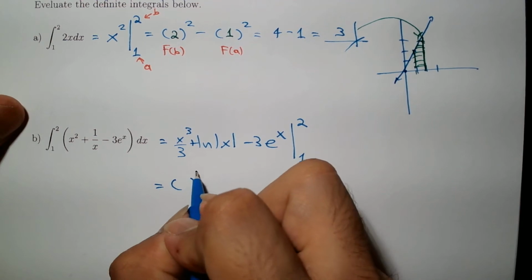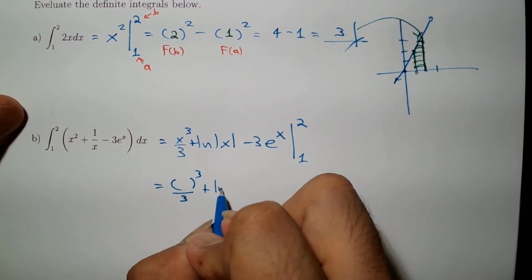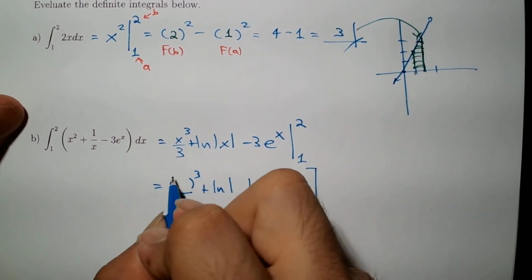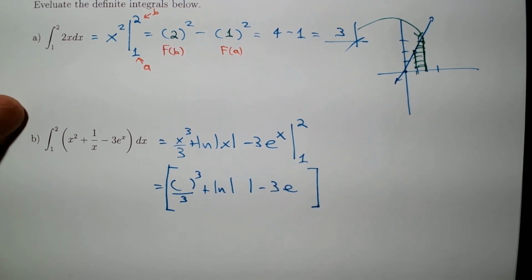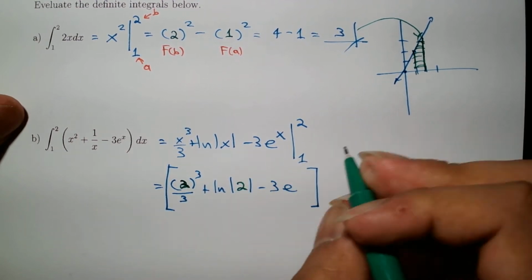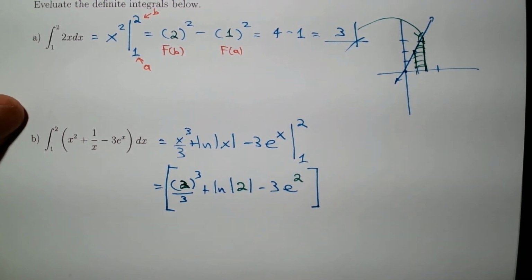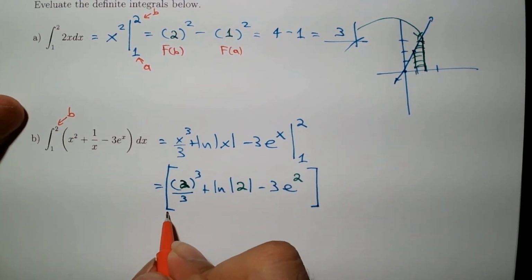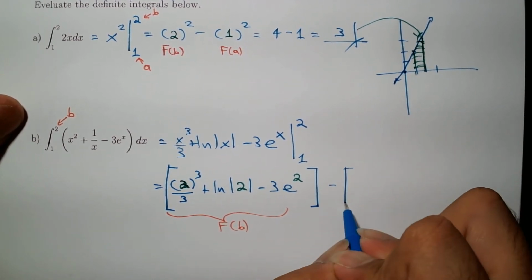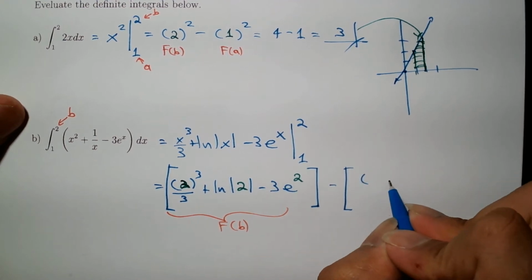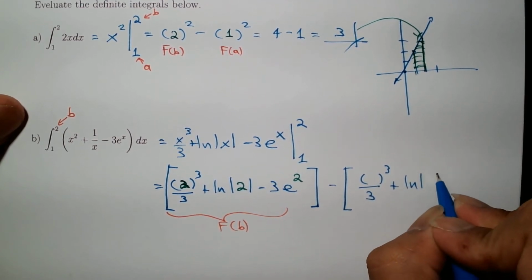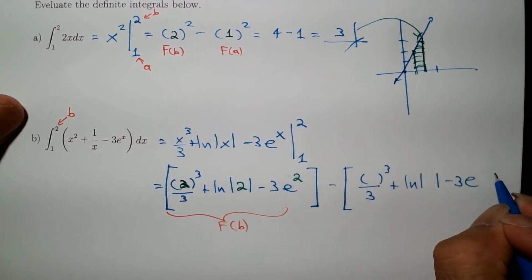So we write this as something cubed over 3 plus ln of blank minus 3 times e to the blank. Okay. So in this case, I'm going to evaluate the 2, the upper limit. In this case, this represents b, minus something cubed rather over 3 plus ln of blank for now minus 3 e to the blank.